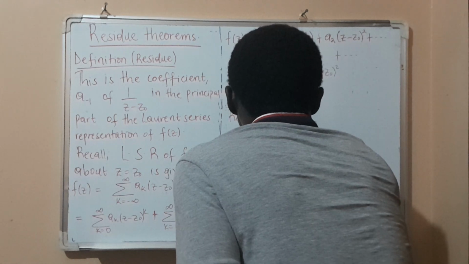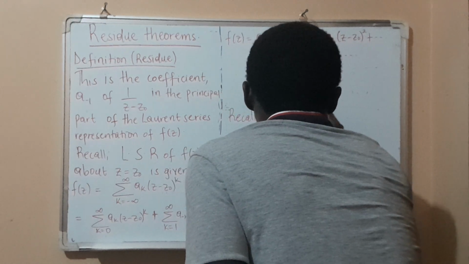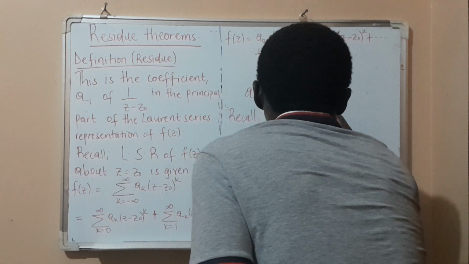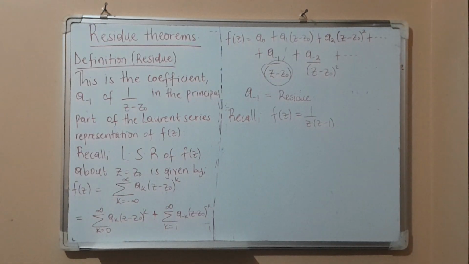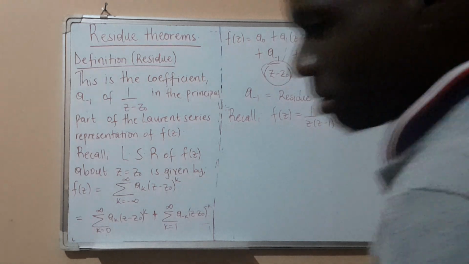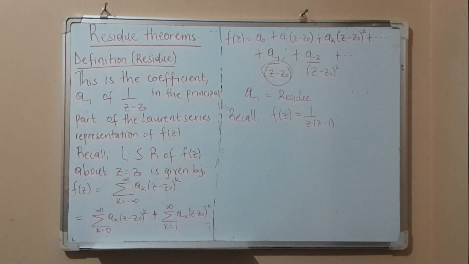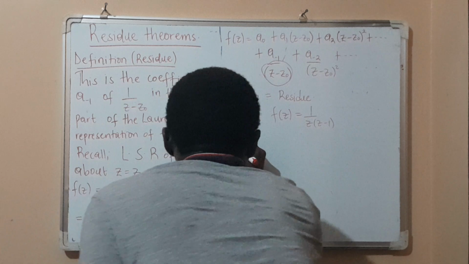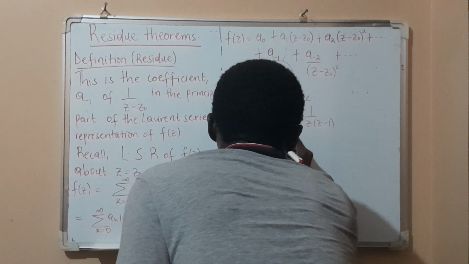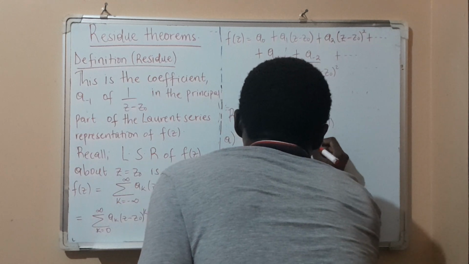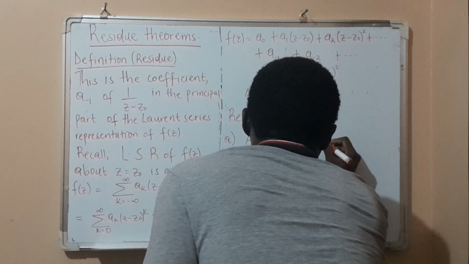So recall that we expanded f of z equals 1 over z minus 1. Part A was about expanding it about 0 less than absolute z less than 1.